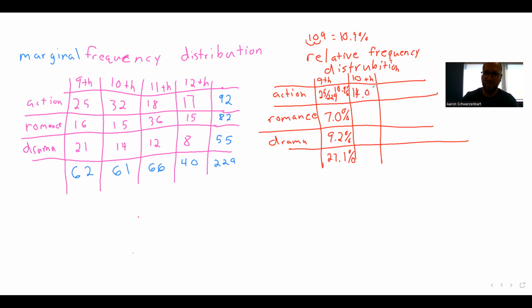I get 14% for action for 10th, 6.6%, 6.1%, 26.6%. 11th, 15.7%.